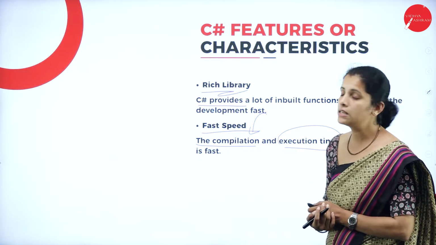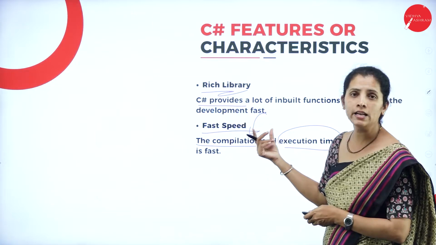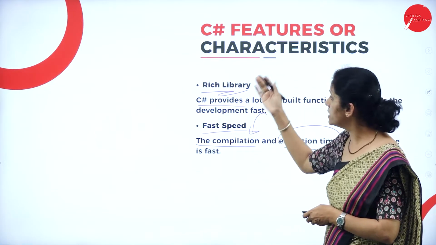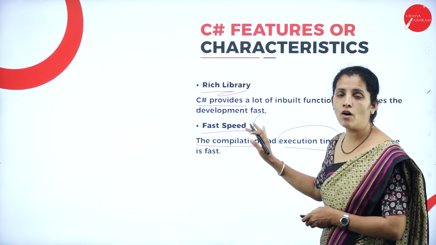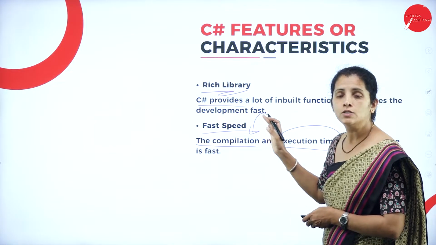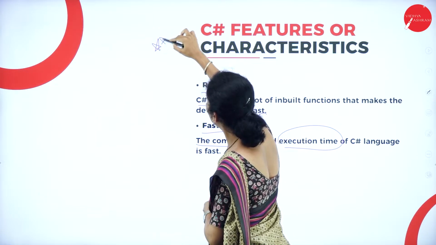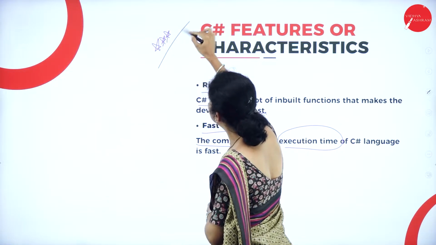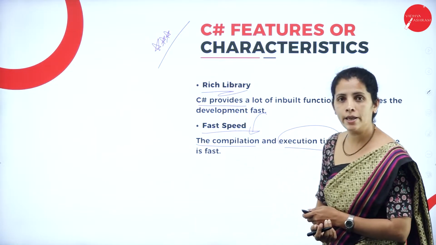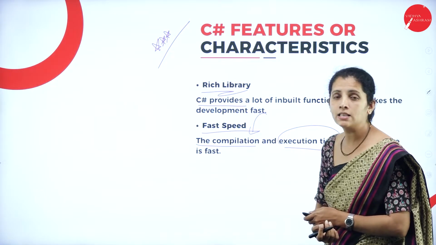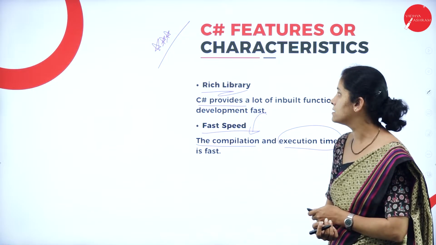For that reason, it is called fast speed. So these are certain characteristics of C#. Dear student, please make a note here. From the examination point of view, this topic is very, very important. You can expect 7 or 8 marks.